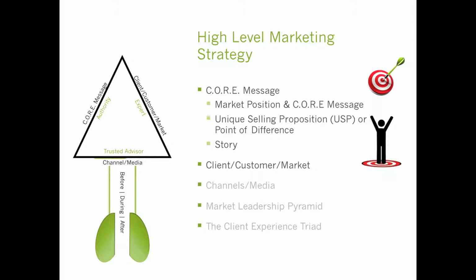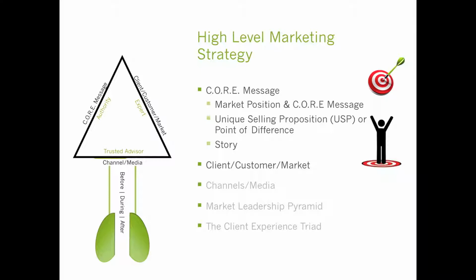In this video, as I said, we'll cover the high-level marketing strategy. We'll also go through some of the key tools and instruments that we use to assist our clients develop a similar message. In this instance, we've got off to the left here the marketing strategy dart, where we'll basically be walking through the core message component, core in this instance being an acronym for client-oriented reasons to engage, so that key message.